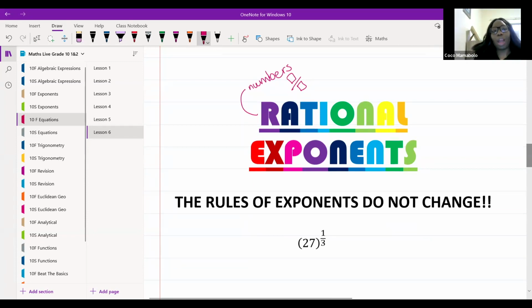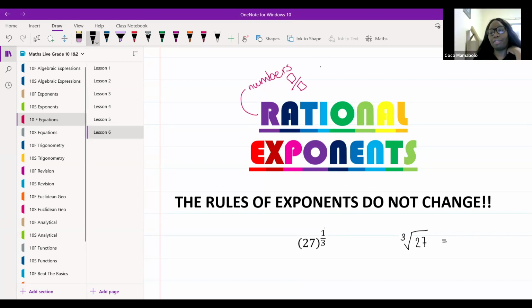I want you guys to note very carefully that when we write something like 1/3 over here, this is actually the same as the cube root of whatever's on the inside. That is the cube root of 27. All right.